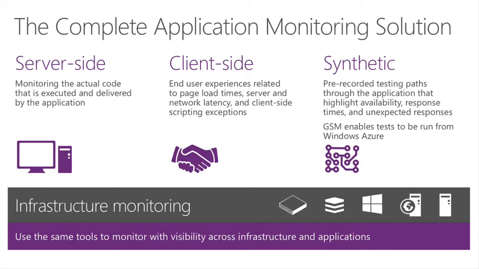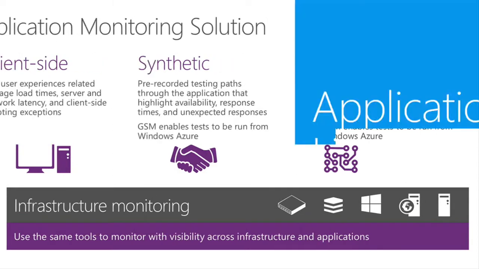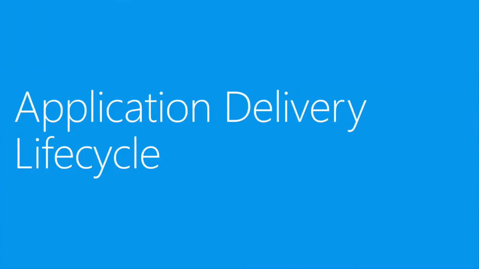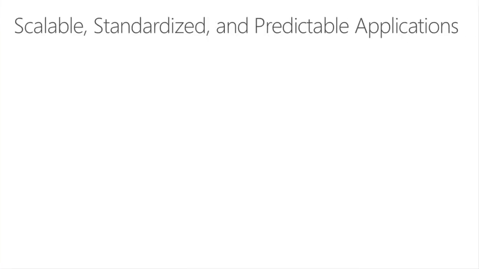So let's jump into the application delivery lifecycle and talk a little bit about why we need to start thinking about service-driven applications instead of the traditional way that you may build an application today. If I think about the application delivery lifecycle, the concept here is I want to have scalable, standardized, and predictable applications.